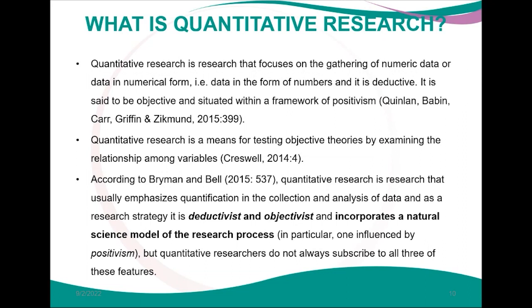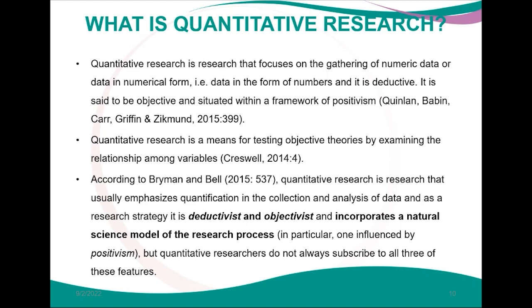So what is qualitative research? Or no, what is quantitative research? Quantitative research is research that focuses on the gathering of numeric data, or data in numerical form. That is data in the form of numbers, and it is deductive. It is said to be objective and situated within a framework of positivism.